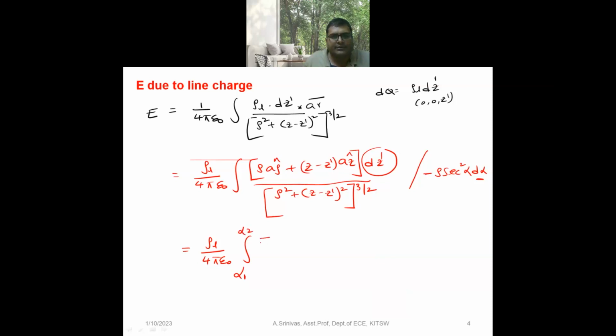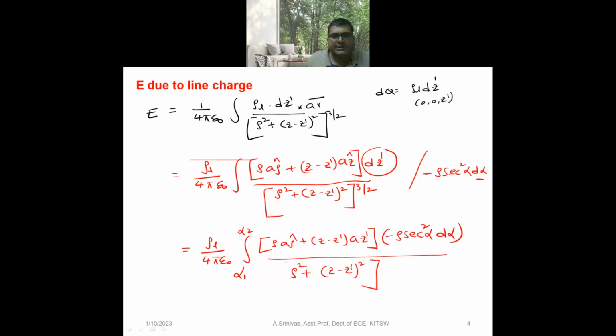Once again write the same thing, (rho a_rho plus (z minus z dash) a_z cap) times minus rho secant square alpha d alpha, once again divided by the same term (rho square plus (z minus z dash) square) to the power 3 by 2.